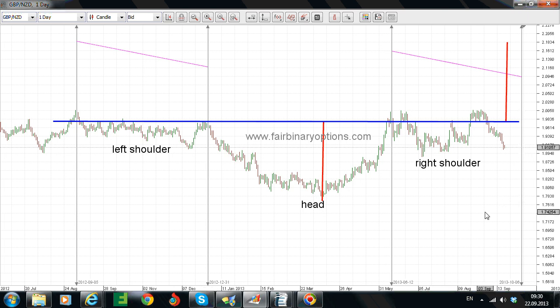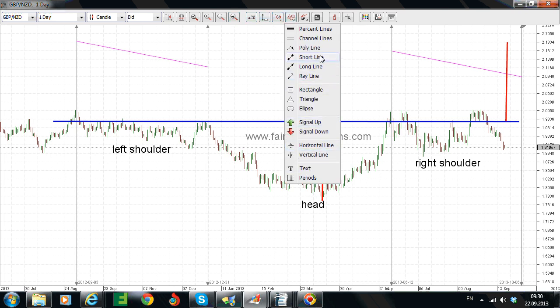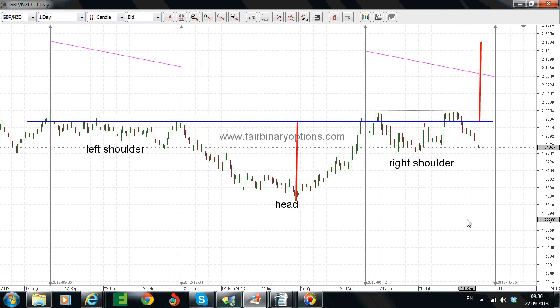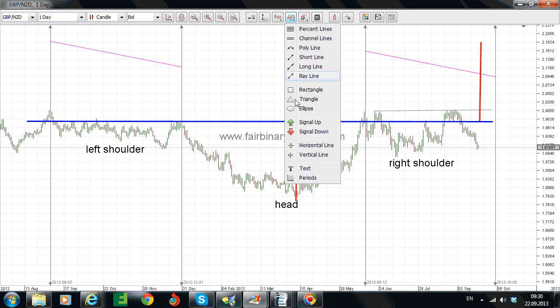So what to do here in order to trade binary options is to look for price to break out of the right shoulder, ideally breaking to new highs, and the highs should be the highs previously established here, and by the time the time element expires, then we are looking to buy calls.